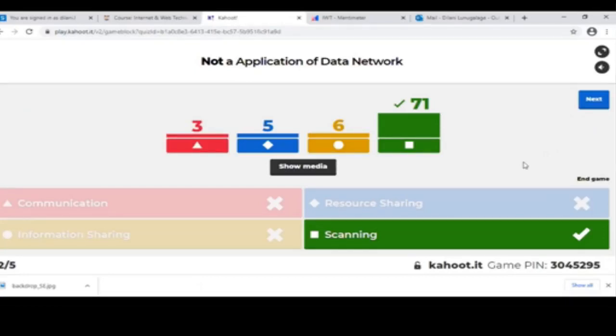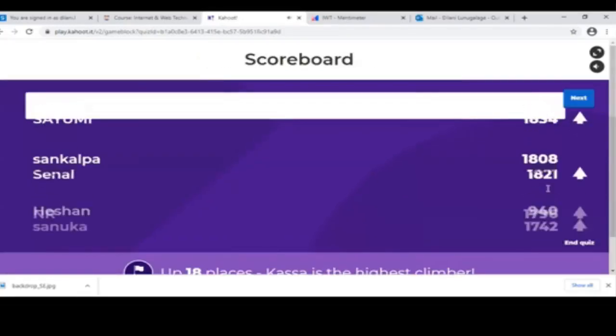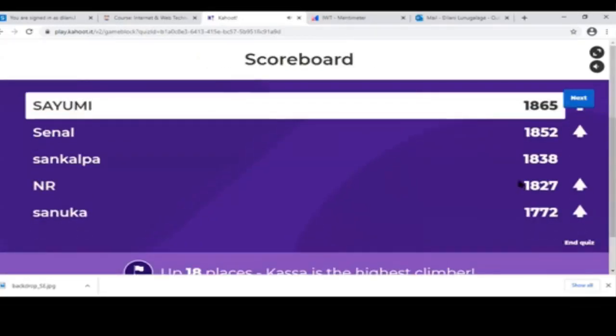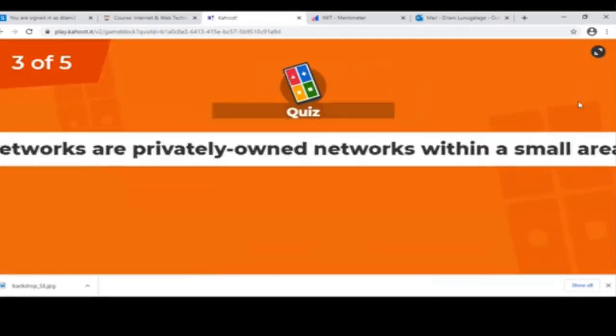And then I'm wondering about the people who gave the wrong answers, right? Okay, let's see who was the quickest. Okay, Sayumi. Right, let's go to the next question.